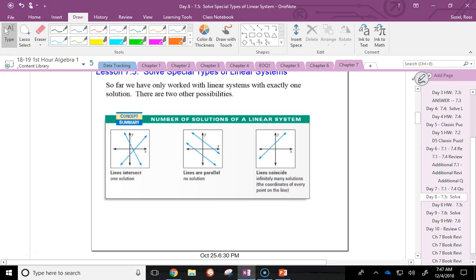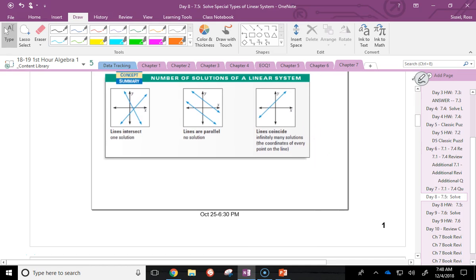Alright, so far in lessons 1 through 4, what we worked on, and we took our quiz, was linear systems with exactly one solution. There's only one point. However, there are two other possibilities that we can have. On this sheet, you're going to see we can have lines that intersect, and that's what we've worked on.